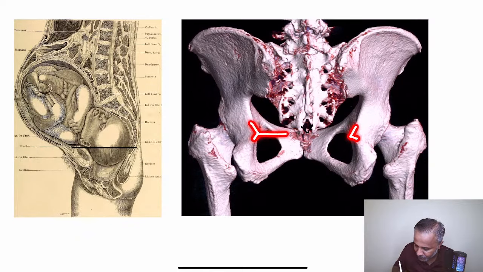So, if you connect the ischial spine, it passes through the tip of the coccyx and also passes through the same level as that of the upper margin of the pubic symphysis. Okay, so this is how to solve this question. The ischial spine is related to the pubic symphysis and the tip of the coccyx because all of them lie in the same plane. Fine, this is how you remember it.